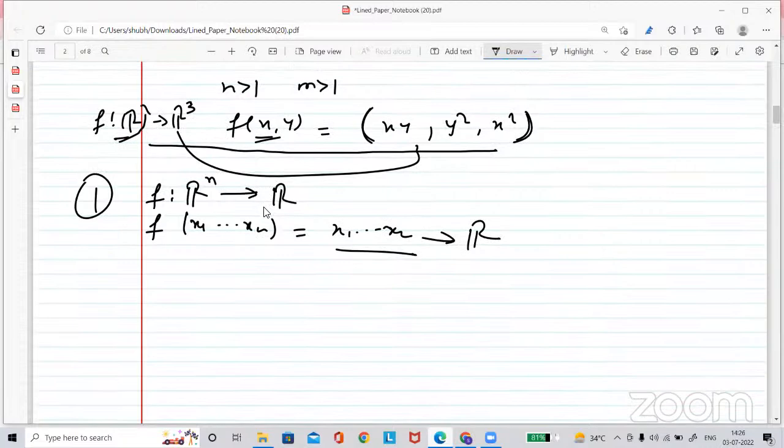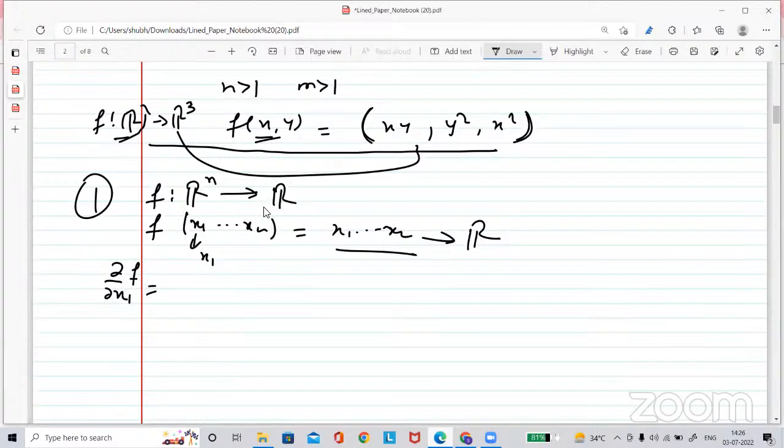So partial derivative means differentiating this function with respect to a single variable, like with respect to x1 or x2. For x1, we denote it like this. What is the definition of it?